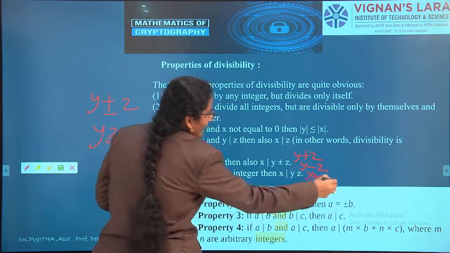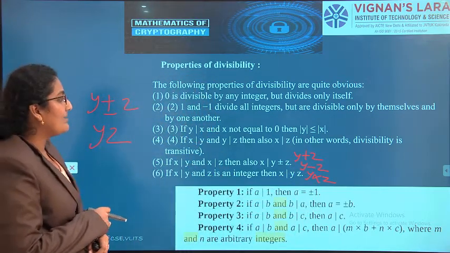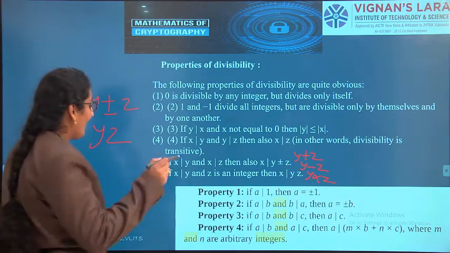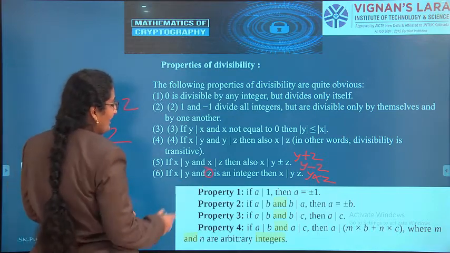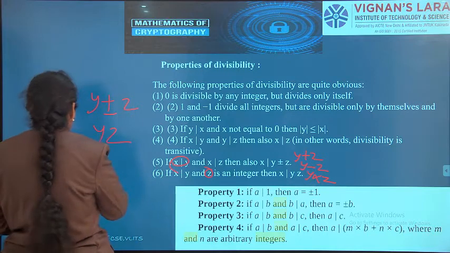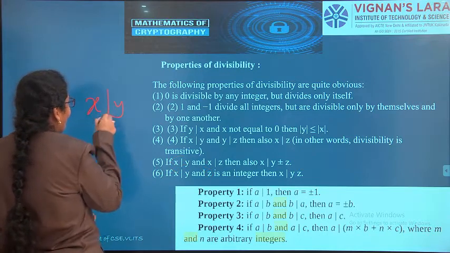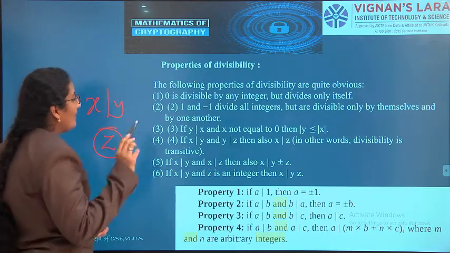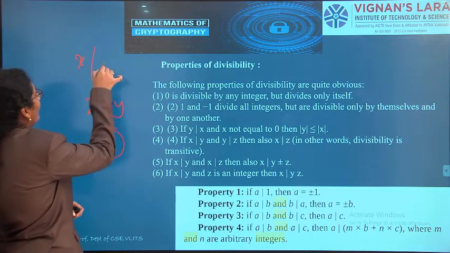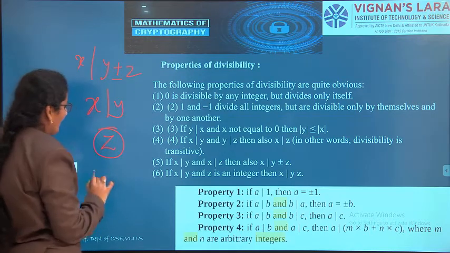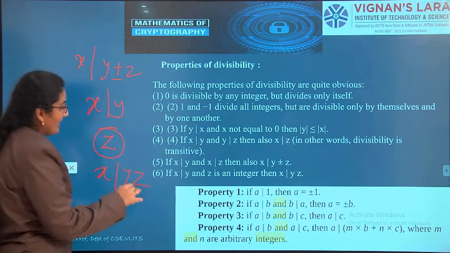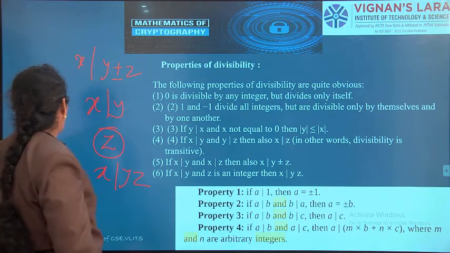Here y into z. So our three operations, addition, subtraction, multiplication can happen when z is an integer and x mod y. When x mod y and z is an integer, what all can happen? x mod y plus or minus z or x mod y into z. These are the division properties.